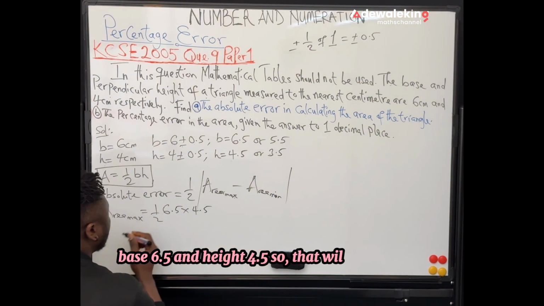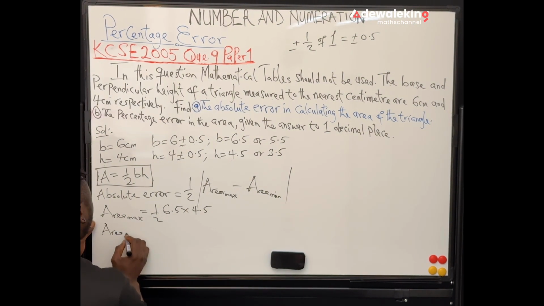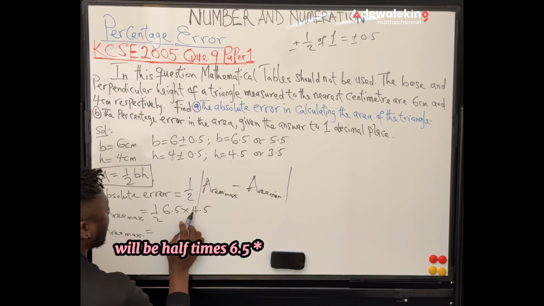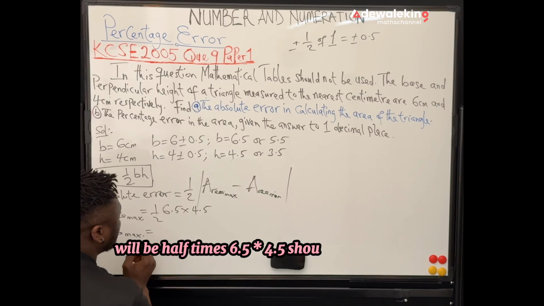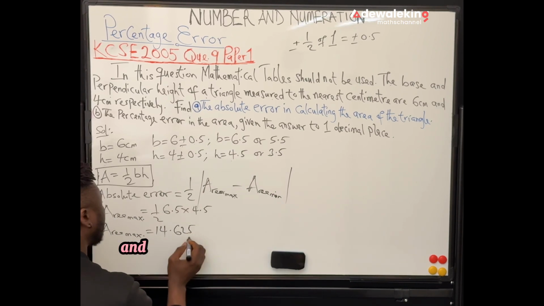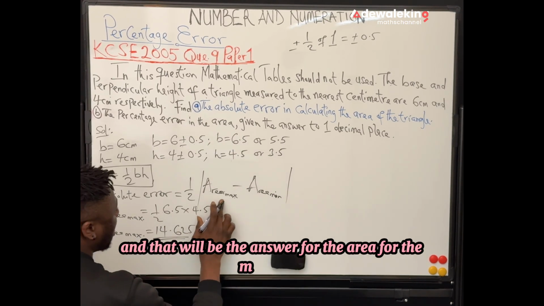So that will be half times 6.5 times 4.5, which should give us 14.625, and that will be the answer for the area for the maximum.